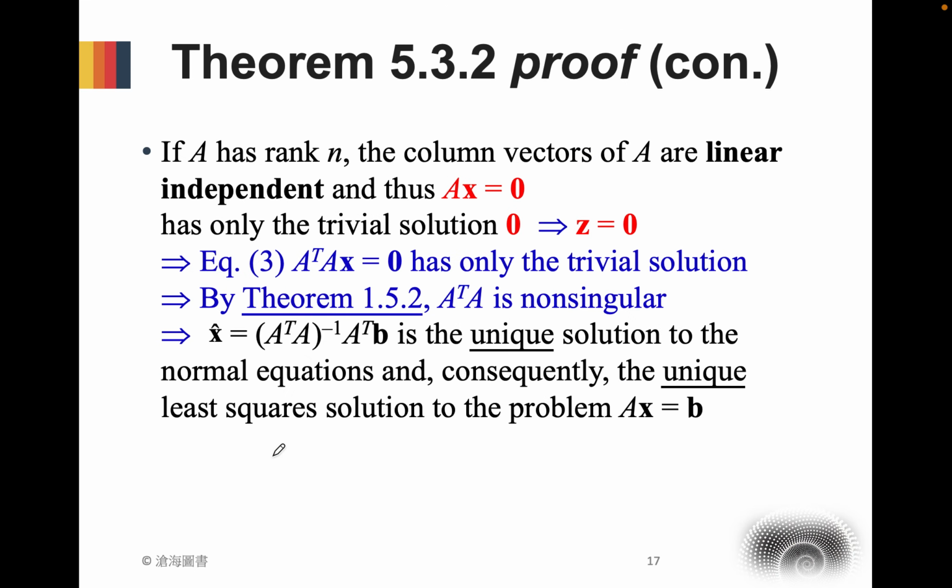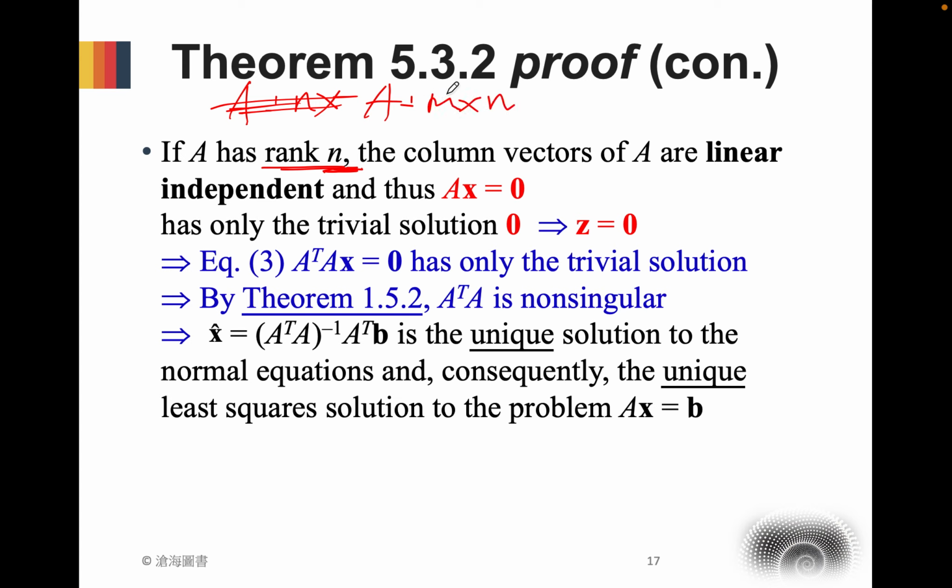Okay. If A z is equal to 0, now A has rank n. A is an m by n matrix.